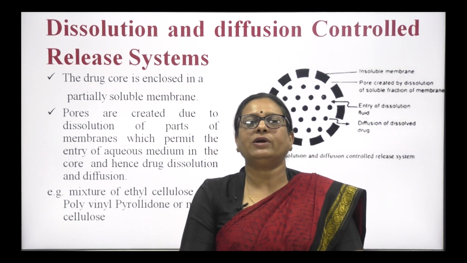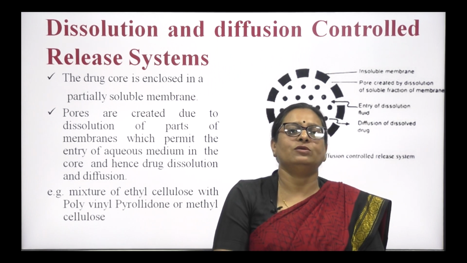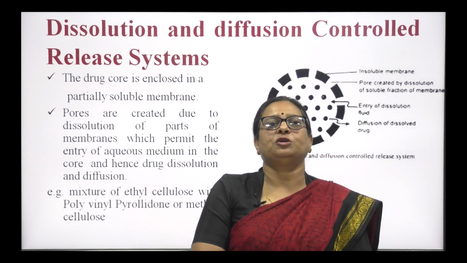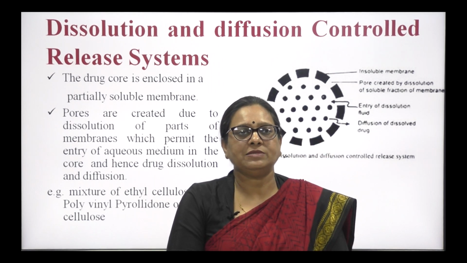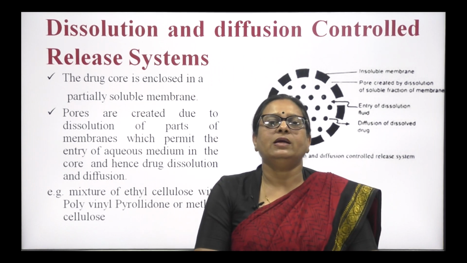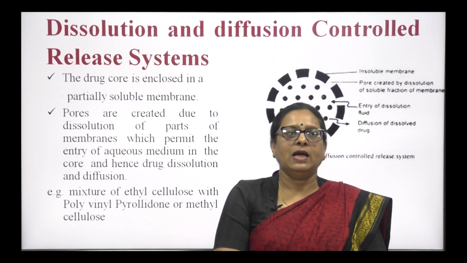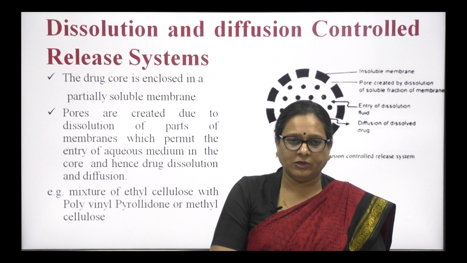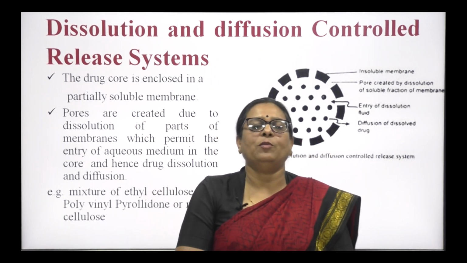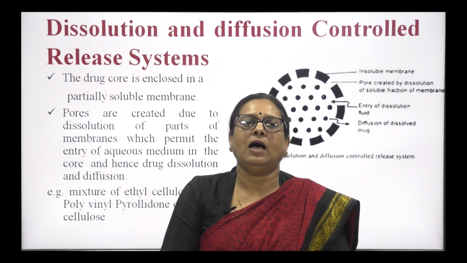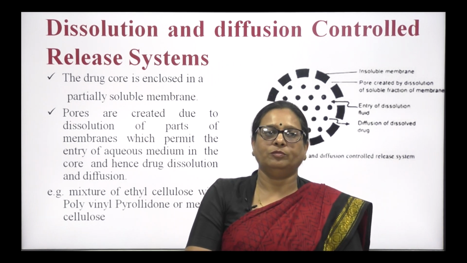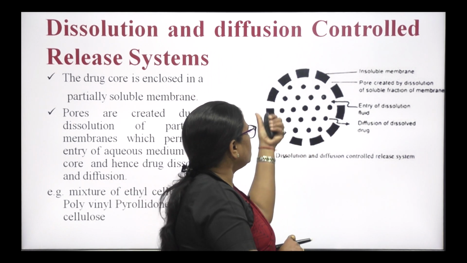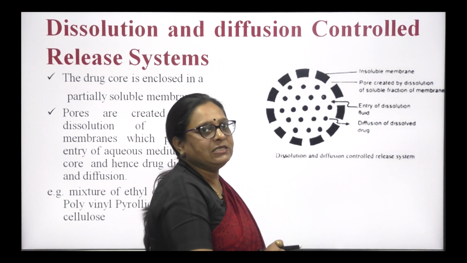Here the rate of drug release depends both on dissolution rate as well as diffusion rate, and this is accomplished by enclosing the drug reservoir inside a polymeric coating, which is a mixture of two different types of polymers, such that one of the polymers is water soluble and the other polymer is water insoluble.